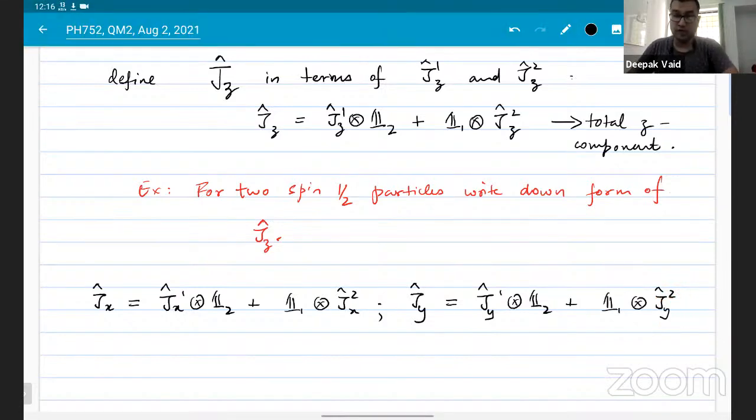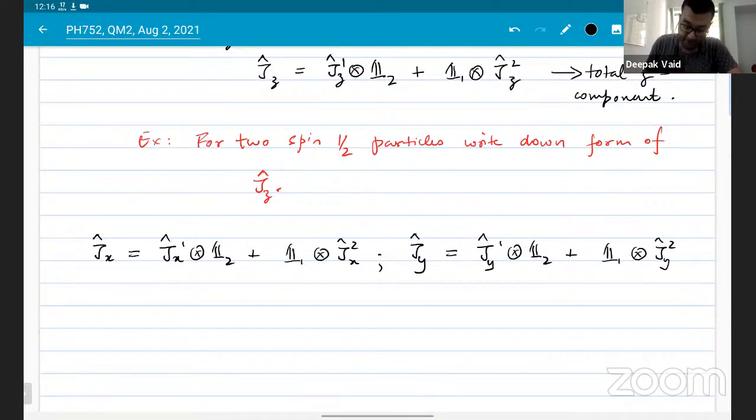This is the total Y component. And then I can define the total angular momentum operator acting on the composite system, which would be the sum of these operators.